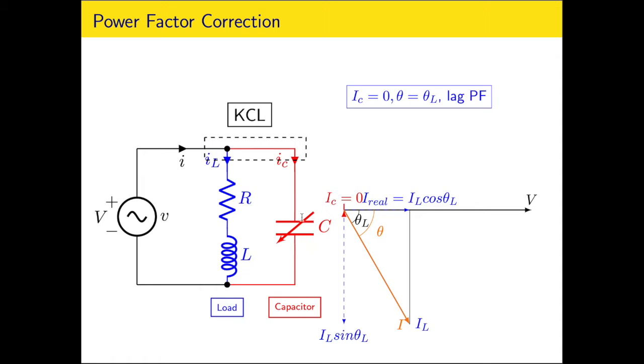So in this improvement, as we have mentioned, the real component is not changing. Whatever load current is drawn without the compensator, where the IC is 0, this is the real component, the original IL cosine of theta L. Now we will make use of two nomenclatures: one is theta L because of the industrial load, and another is because of the compensator.